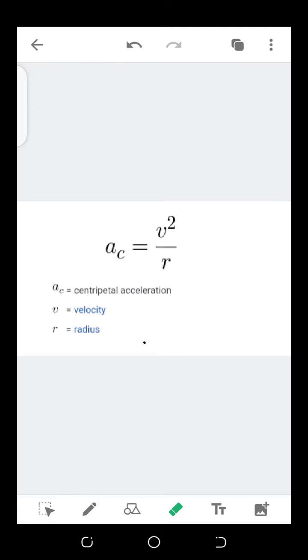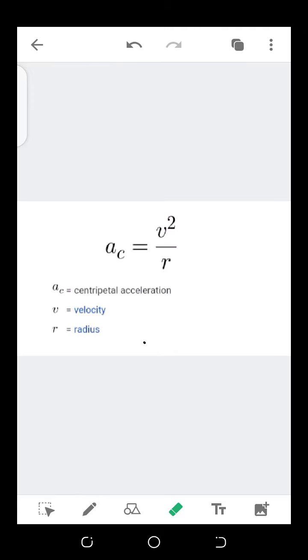So in other words, we'll be moving with this formula all through. a_c is equal to v squared over r, where a_c is our centripetal acceleration and v is our velocity. And remember, the velocity we are talking about is the linear velocity. When we go to the next video, I'll show you the difference between the linear velocity and the angular velocity.